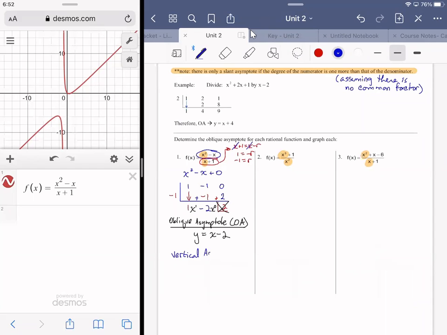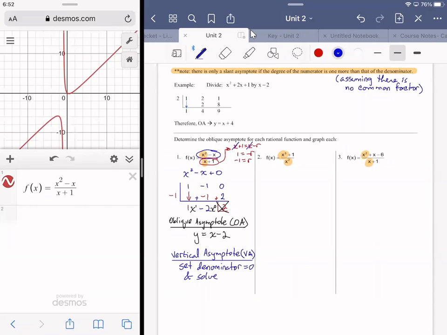The vertical asymptote, because it's been a while, again, abbreviation VA. I'm just going to remind you of the process. Set the denominator equal to 0 and solve. But again, it does rely on the denominator not being able to be simplified out of the expression by canceling.